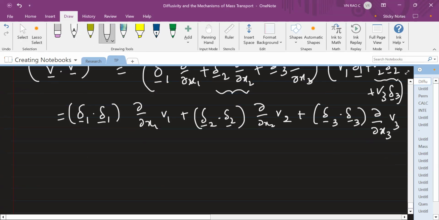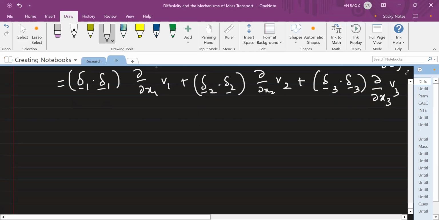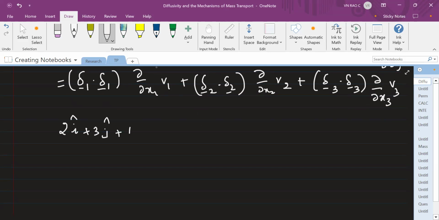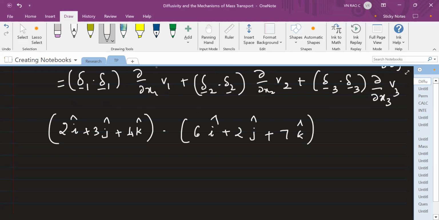For those who are in confusion, suppose I have 2 i cap plus 3 j cap plus 4 k cap, dot product with 6 i cap plus 2 j cap plus 7 k cap. What will happen is this one is multiplied by this.